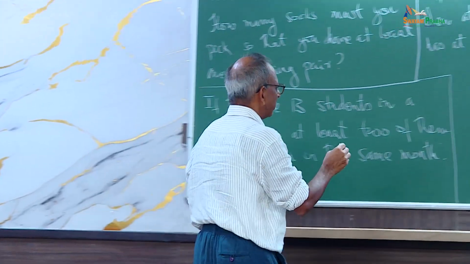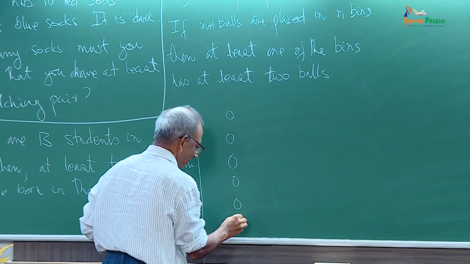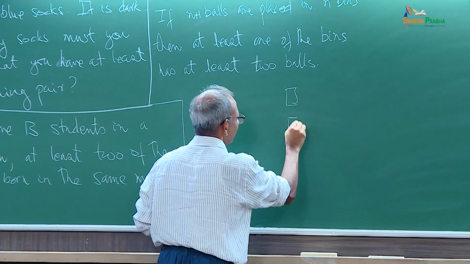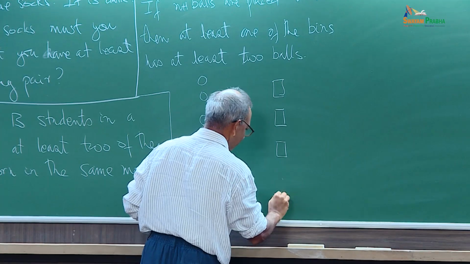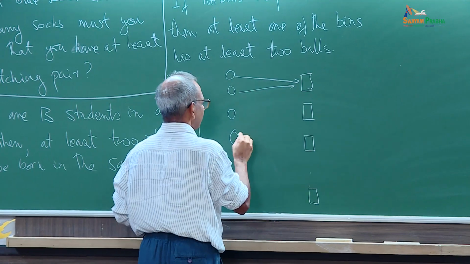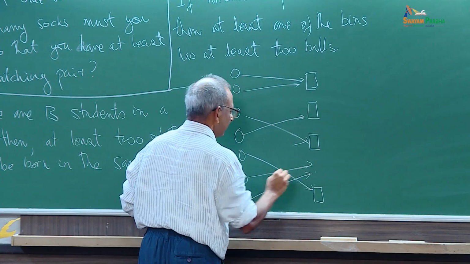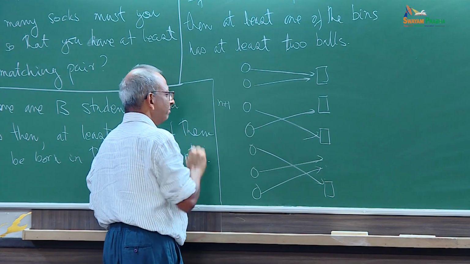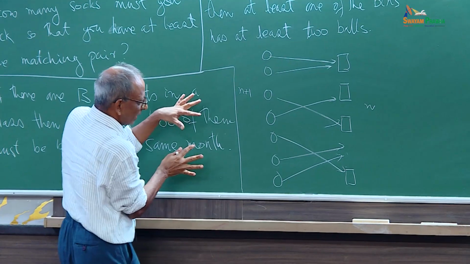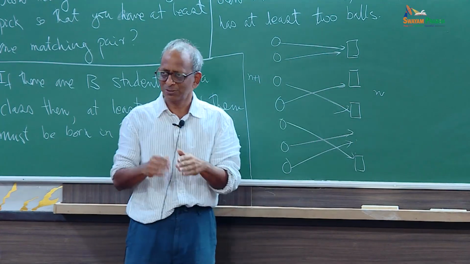So yeah, maybe one way to think about all these things is that you think of the balls, yeah, I'm drawing them round, yeah, and these are the bins. And so here there are n plus 1 of them, and here there are only n. And whenever n plus 1 things are stuffed into n things, there must be at least one of them which has 2. Okay, yeah, good.